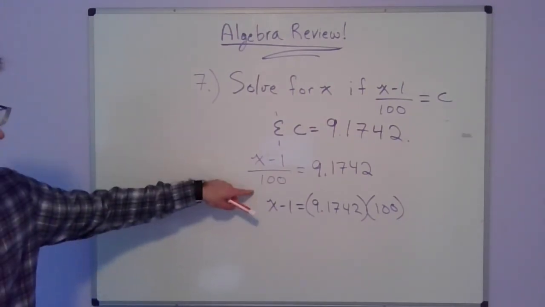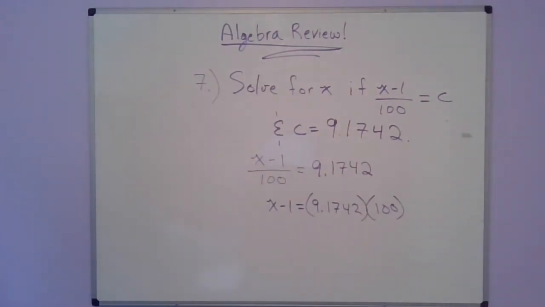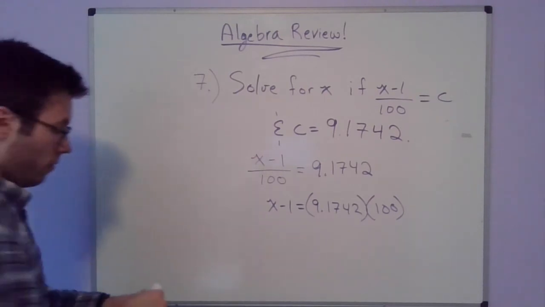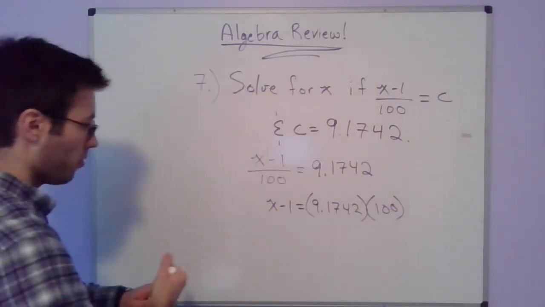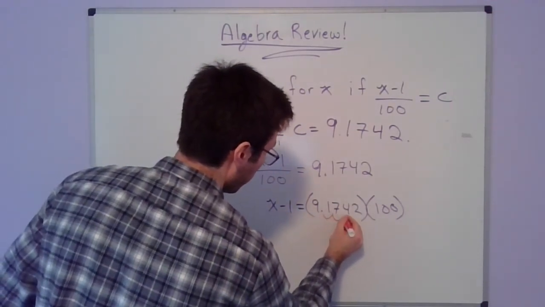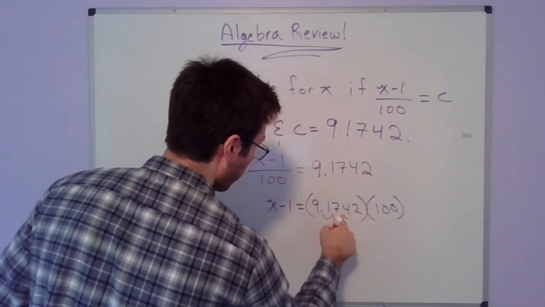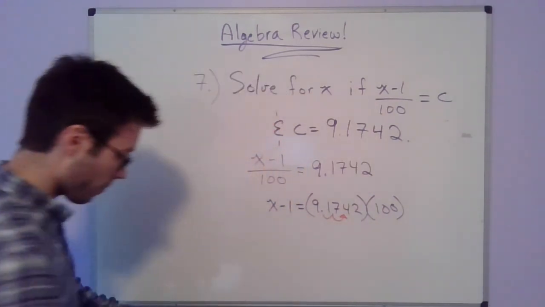I'm canceling out the 100 on this side, and now it's popping up over there when I multiply it on the other side. Now, you see the 100 here, so there are 2 zeros. So I'm just going to take this decimal point, I'm going to move it over 1, 2 to the right. It's getting bigger because I'm multiplying it by 100. I'm moving it over to the right.